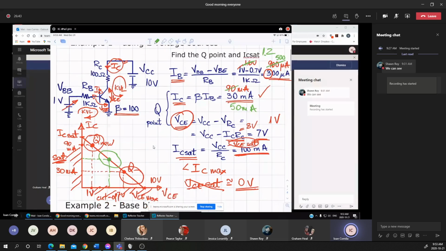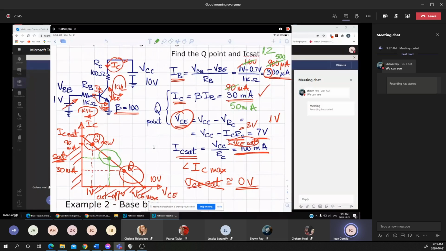In this case, 50 milliamps makes VCE 5 volts. That's an ideal design for the circuit, placing the Q point somewhere in the mid-range of the load line.